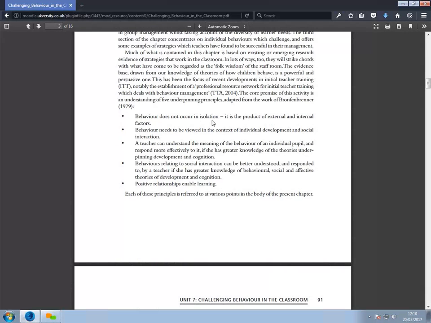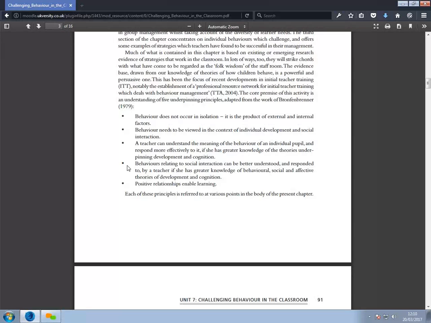Behaviour does not occur in isolation. It's a product of either an external or internal factor. Behaviour needs to be viewed in the context of individual development and social interaction. A teacher can understand the meaning of the behaviour of an individual pupil and respond more effectively to it if he or she has greater knowledge of the theories underpinning development and cognition.